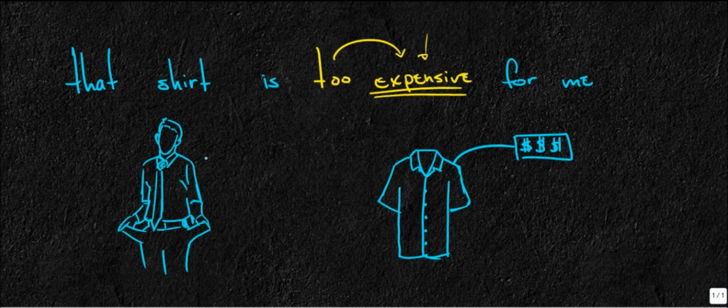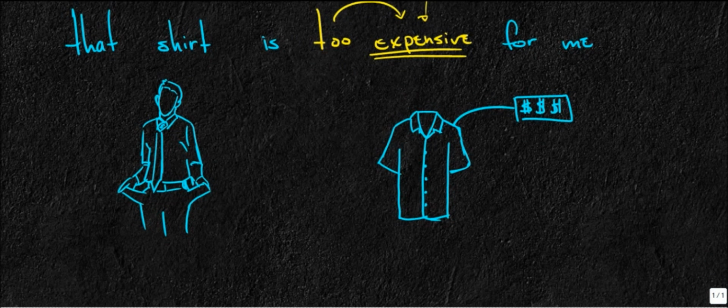And so, because I have no money, that shirt is too expensive for me. It's so expensive that it is a problem for me. All right? Another way to express the same idea could be that the shirt is too expensive, and the reason is because I don't have enough money to pay for this shirt.